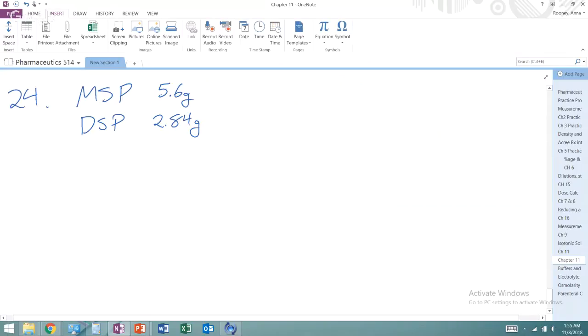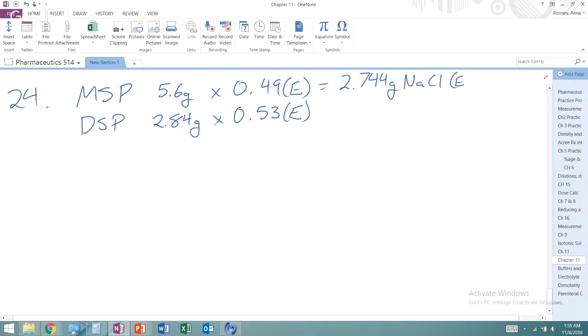And then the E-value for this one is 0.49 E, and this one is 0.53 E. And so this one is 2.744 grams sodium chloride equivalent.